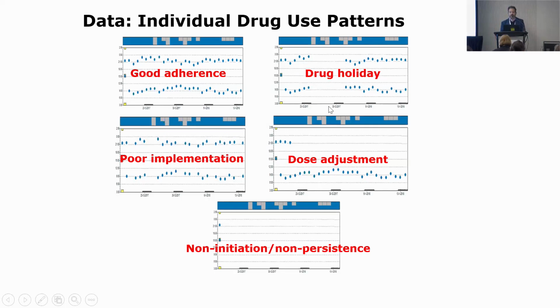So this drug gap, this is an obvious drug gap. This person, it looks like a mouth with a lot of teeth missing in it, and it's because they're missing a lot of doses. So their implementation isn't great. And this person, well, we think they were switched from actually metoprolol to atenolol. Here they went the reverse direction from Julie, so they went from a twice-a-day drug to a once-a-day drug.